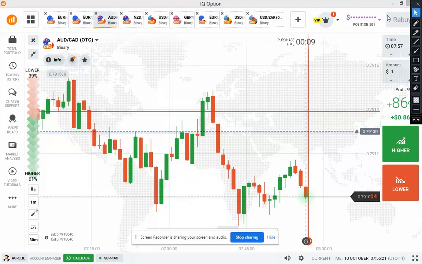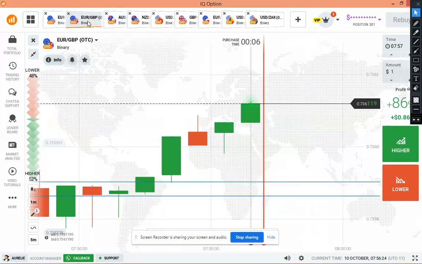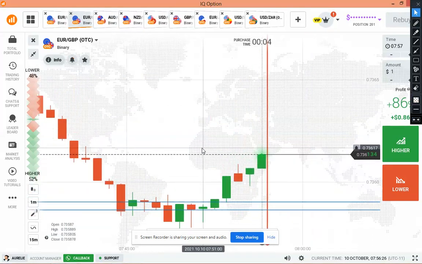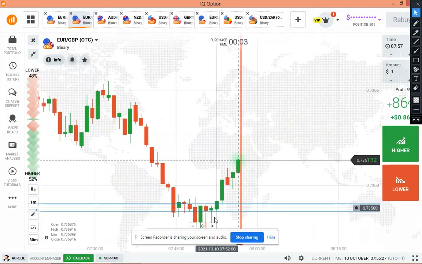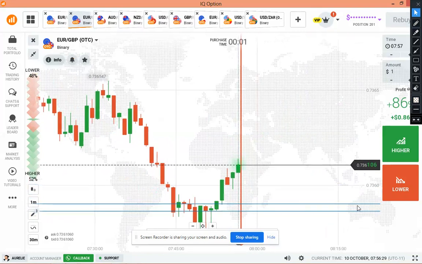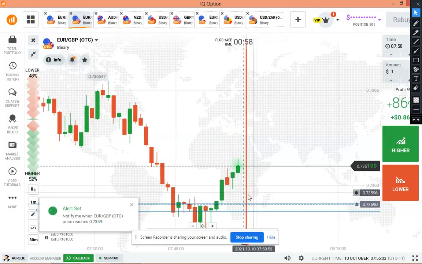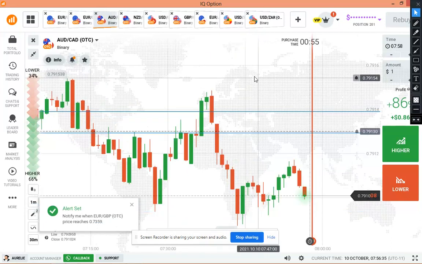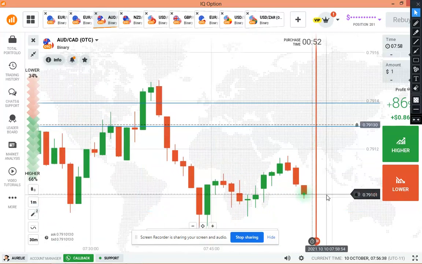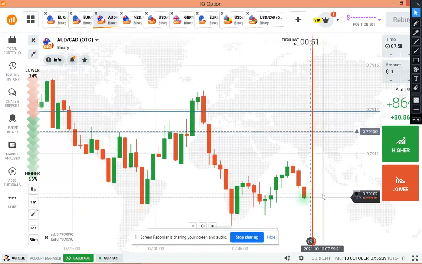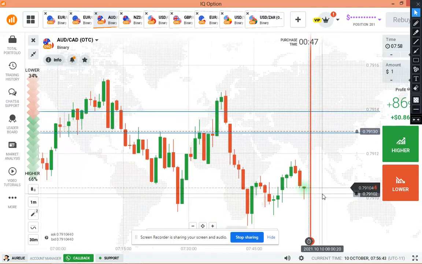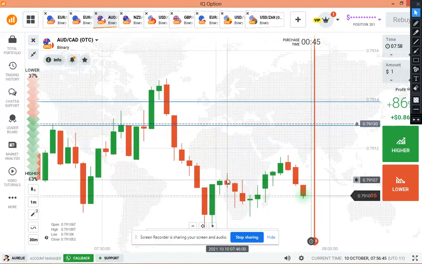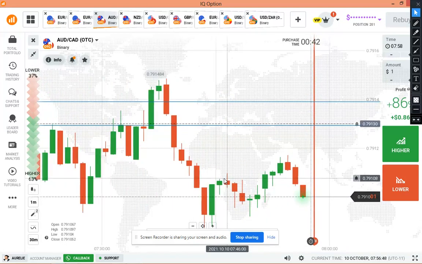Let me see Euro GBP. Okay, so no sign of sellers again. But here we're going to take another trade once the price reaches the zone here. Now this is the current price movement, and this is a resistance.